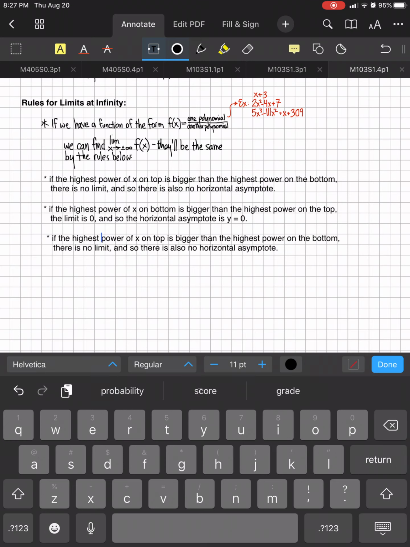which is, well, what's our last possible situation? If the highest power of x on top is the same as the highest power on the bottom, the limit is the ratio of the coefficients of that highest power.